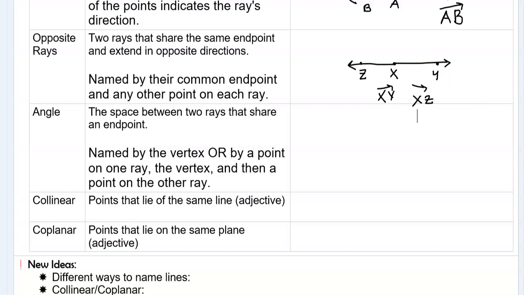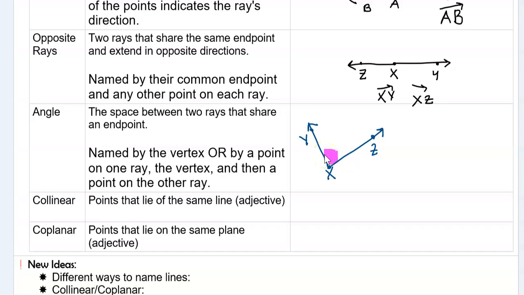Our final structure we're going to learn is an angle, and an angle is the space between two rays that share an endpoint. So if I draw two rays that maybe share the endpoint X, and this is point Y, and this is point Z, my angle is this thing in the middle.